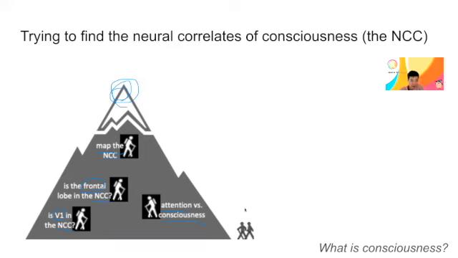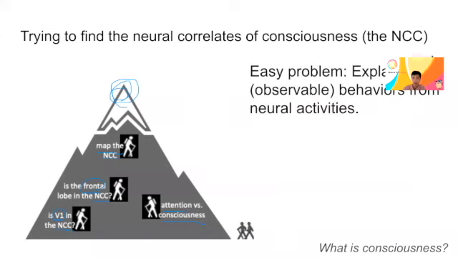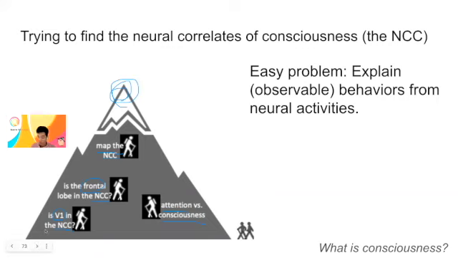And by doing this, gradually bottom up, continuing to proceed through the standard scientific methods, the hypothesis is that we can explain observable behaviors from neural activities, such as the correlation of reported percepts with brain activity, and then build this kind of mapping one by one.